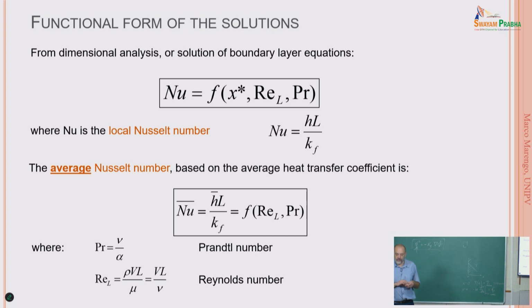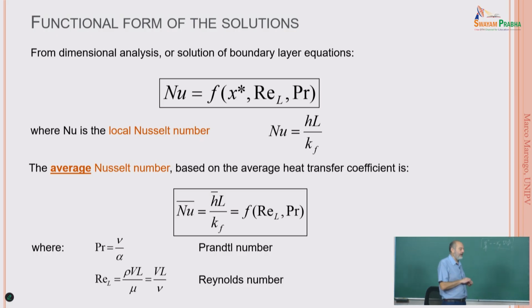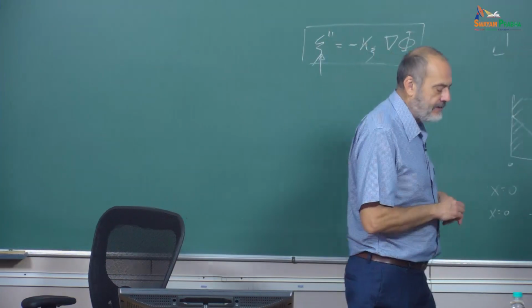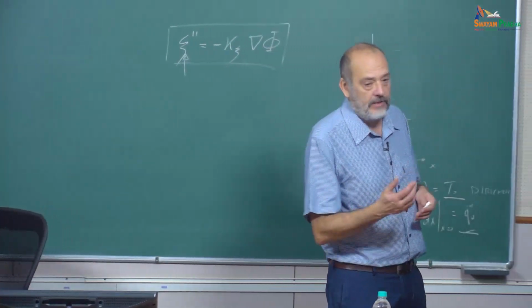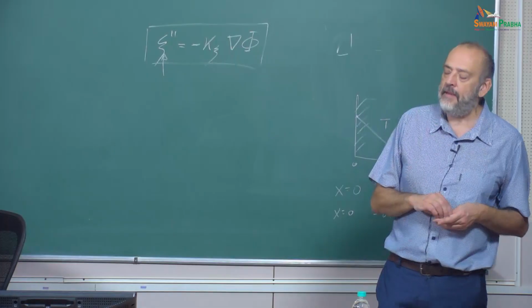Since it's possible to define average values for the h, this means that we have average values for the Nusselt. And here we can write this in terms of the Buckingham pi theorem.